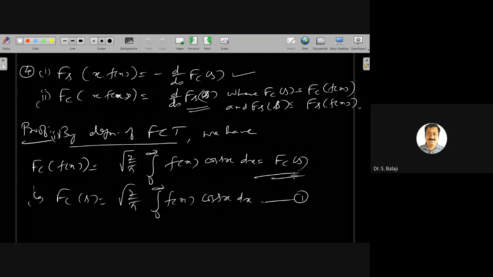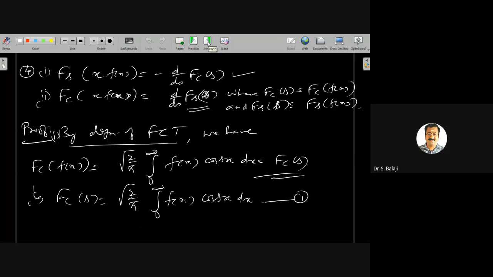Now differentiate both sides with respect to s.